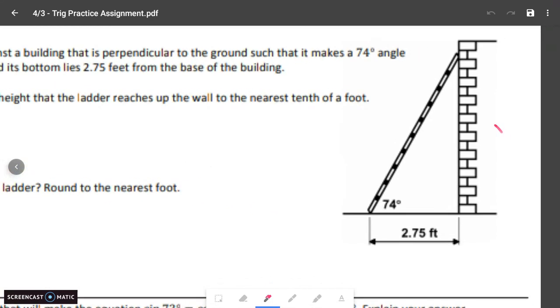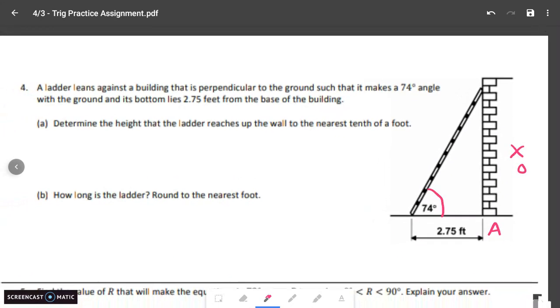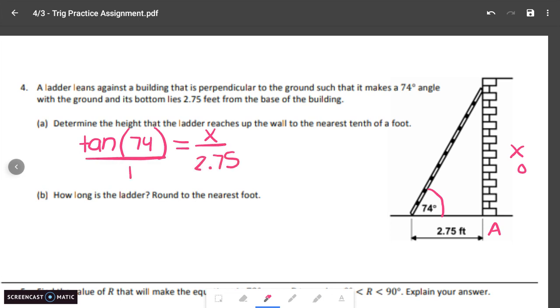So we're referring to the height up. So we're referring to this side. So from my angle, that's the opposite. We already know the adjacent. So that means we're using tangent. Okay, so we cross multiply.